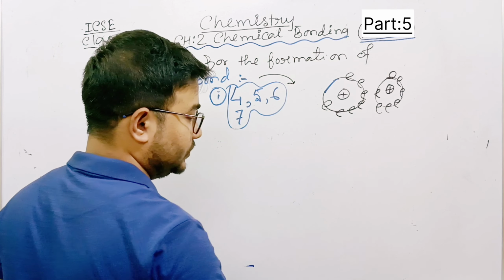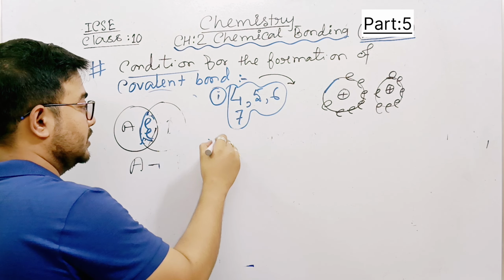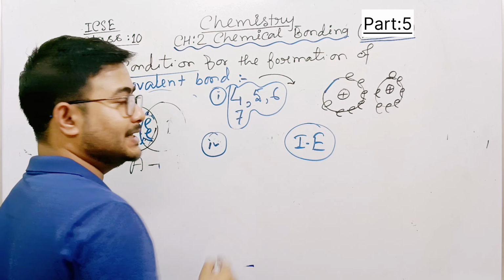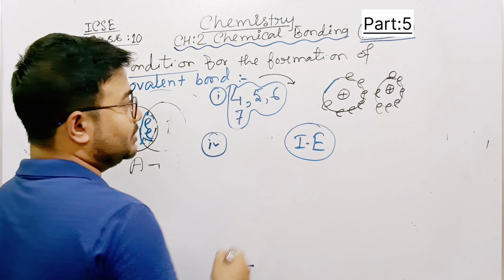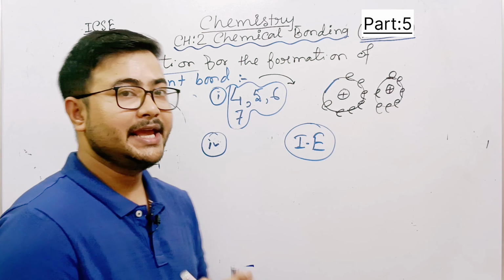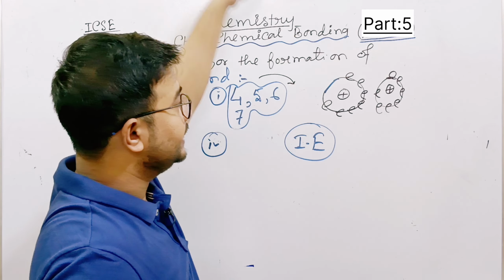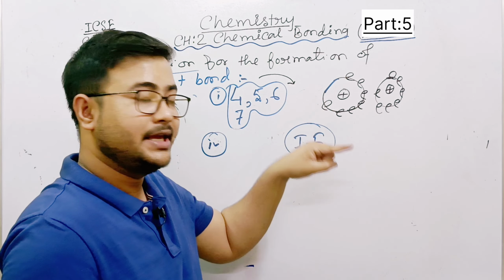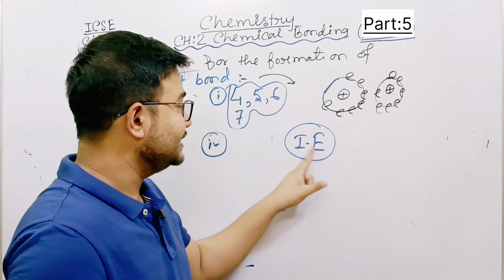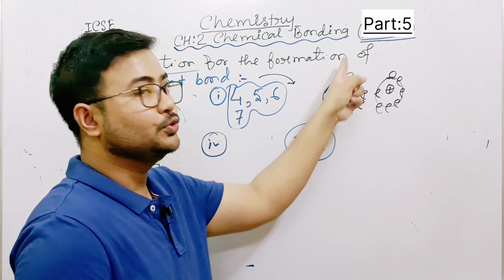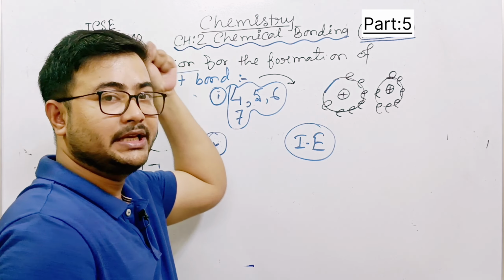Okay, now the 4th condition. Tell me, what is ionization energy? Ionization energy means the amount of energy required to remove an electron from the outermost shell, that is, to take out the electron.